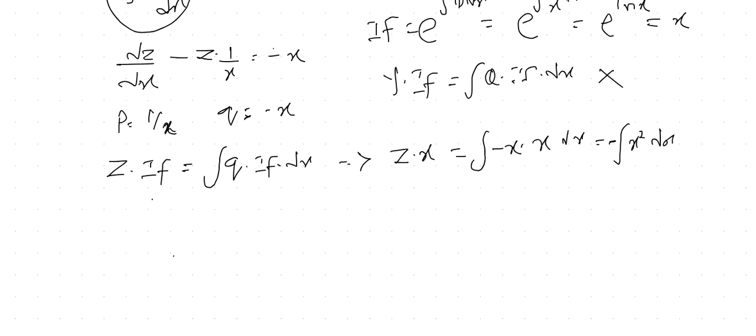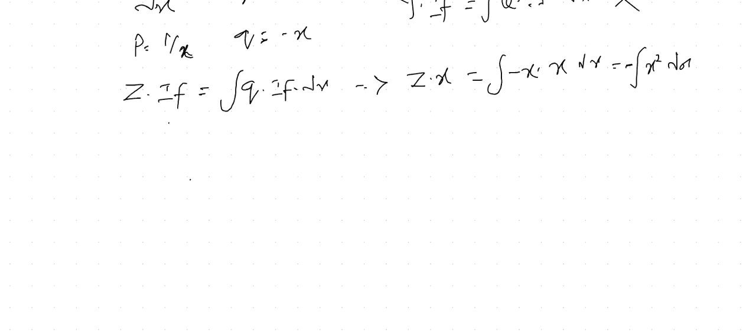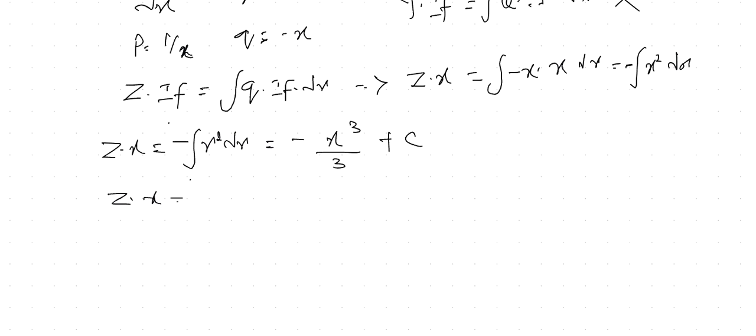Then you have z multiplied by x equals minus the integral of x squared dx. Once you integrate, you get minus x raised to the power of 3 over 3 plus c. Then z multiplied by x equals minus x raised to the power of 3 over 3 plus c.